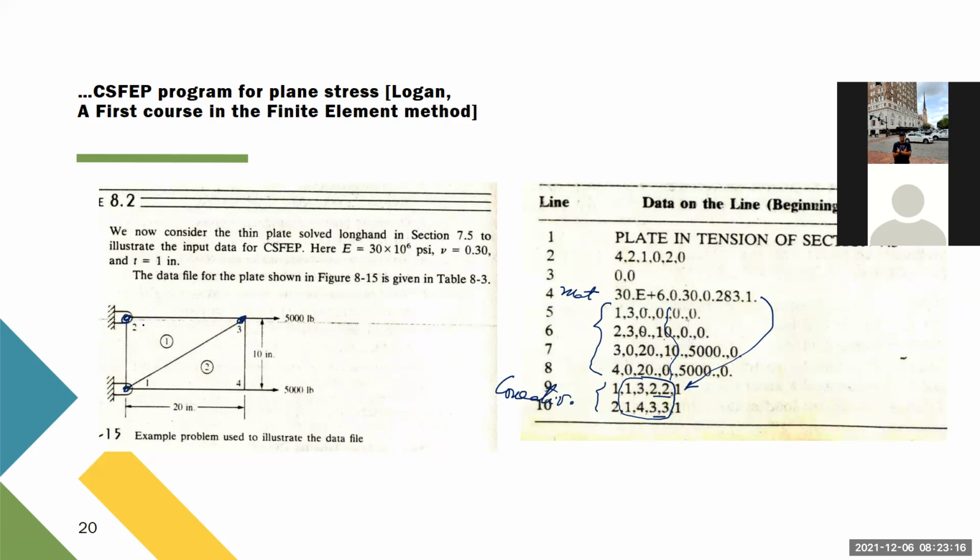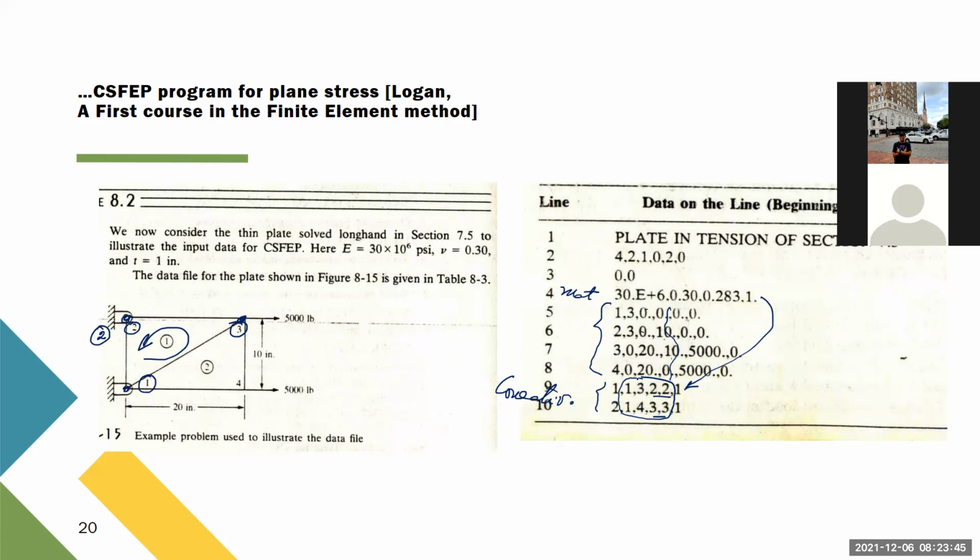and that. Okay, since the program was developed to include elements with 4 joints, what we do is we repeat this joint and put again joint 2. When you put 1, 3, 2, and 2, the program knows that since these 2 are the same, this is a triangle.